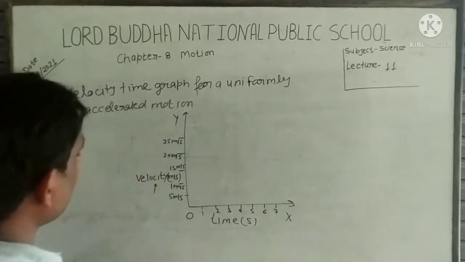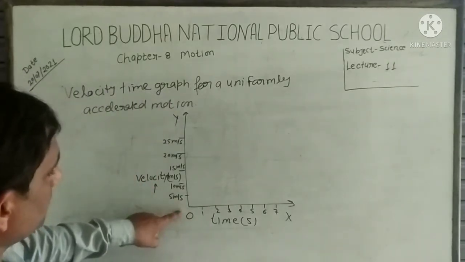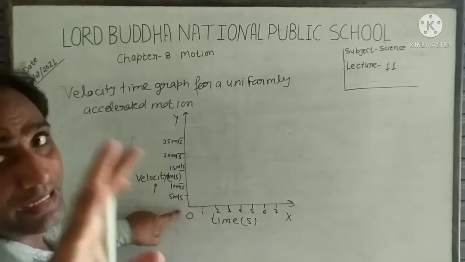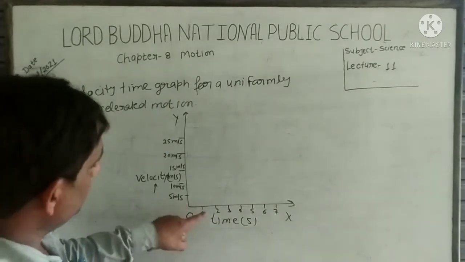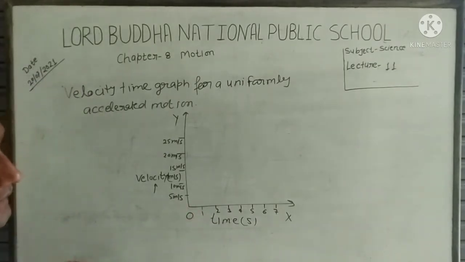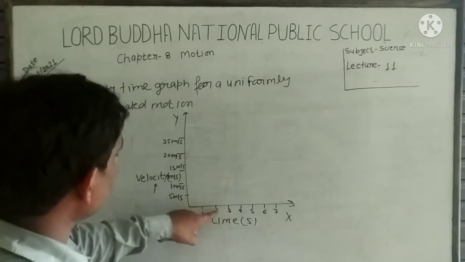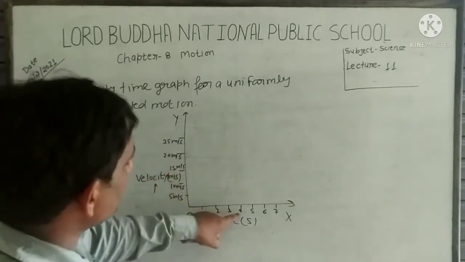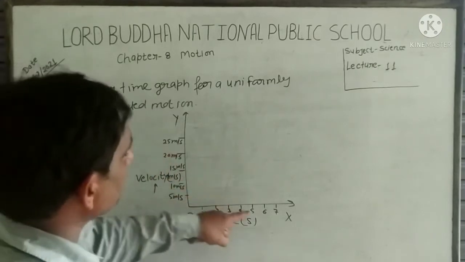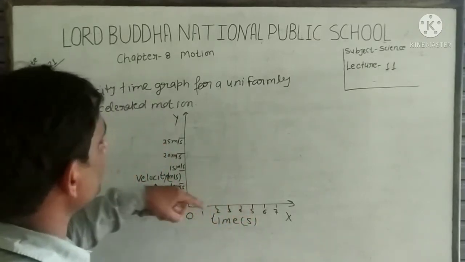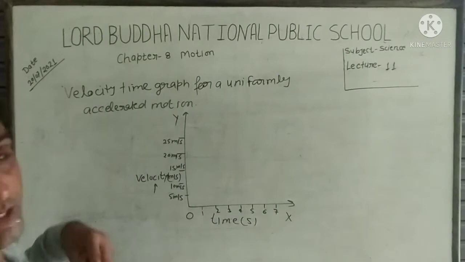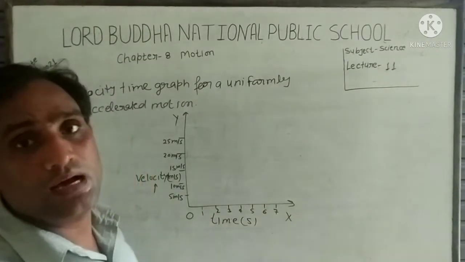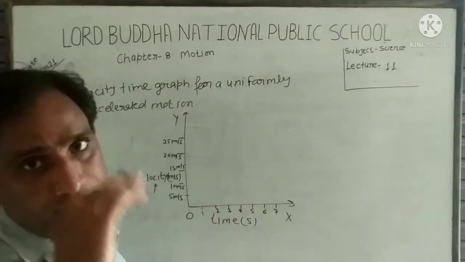We'll take that the object starts with rest and its velocity becomes 5 meters per second in first second, and in next second it will become 10. In next second it will become 15, in next second 20, and in next second 25. Means every second there is change of 5 meters per second.